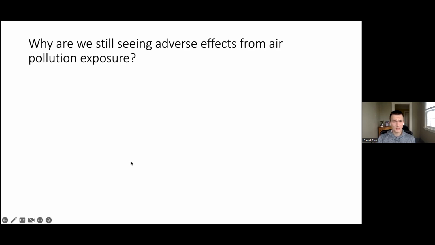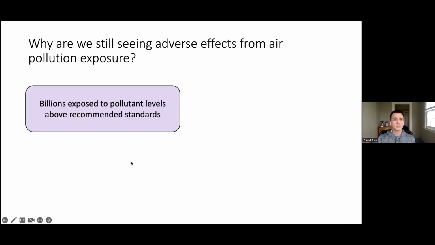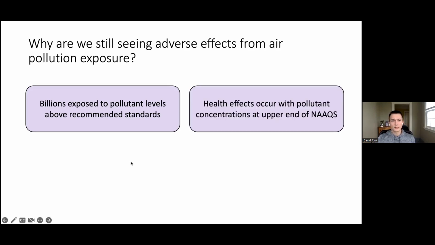Some of the things to think about are, there are still billions of people exposed to pollutant levels above the recommended standards. So a decrease, of course, is great, but it doesn't necessarily mean we've hit our goals. Similarly, health effects likely occur when pollutant concentrations are at the upper ends of these standards, and maybe even the middle or lower ends of these standards, and particularly over time.